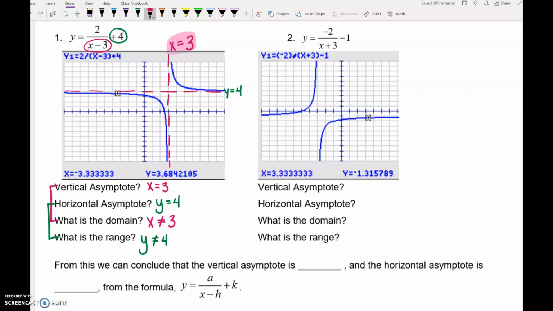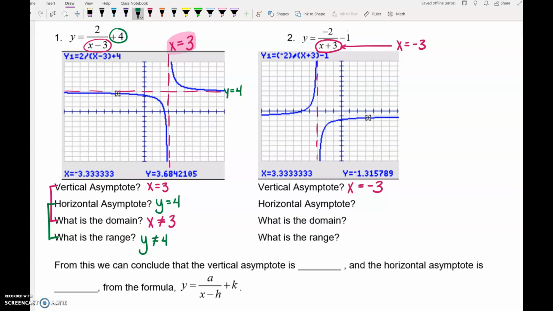Hopefully we can now look at number 2, and maybe we can figure it out without looking at the picture. If you look at the bottom, what do you guess the vertical asymptote is going to be? What number would make the bottom equal 0? -3. And if we check here at -3, yes, indeed, there is an asymptote there. So we have a vertical asymptote at -3 because that's the value that would make the bottom of the fraction equal 0.